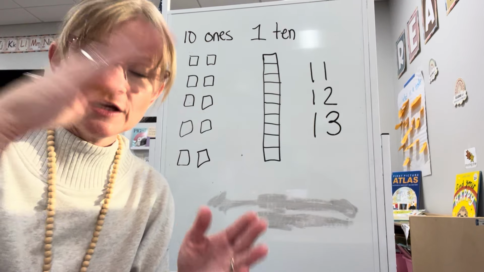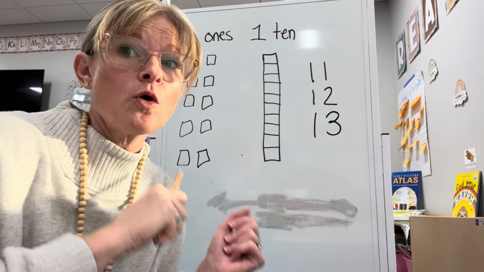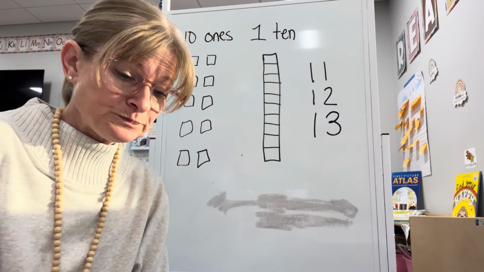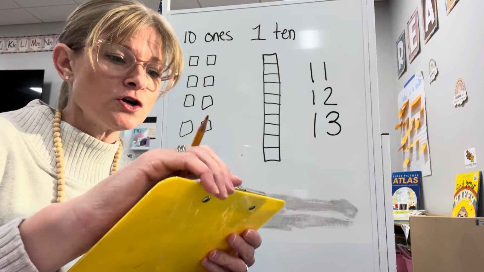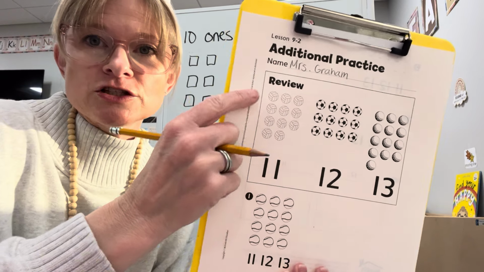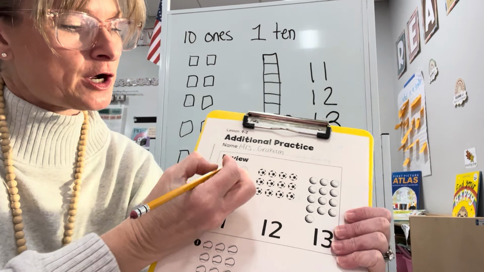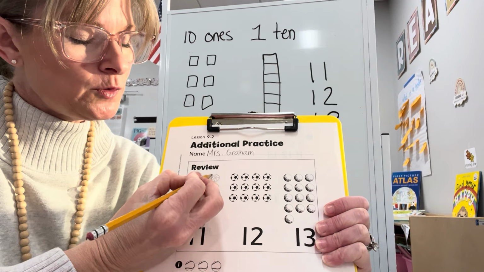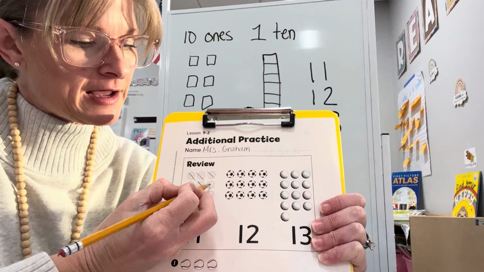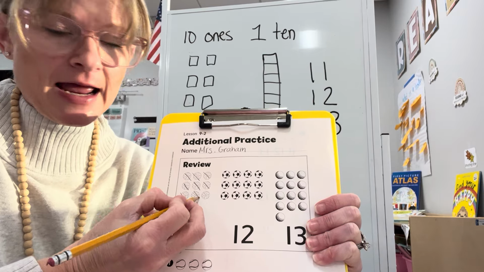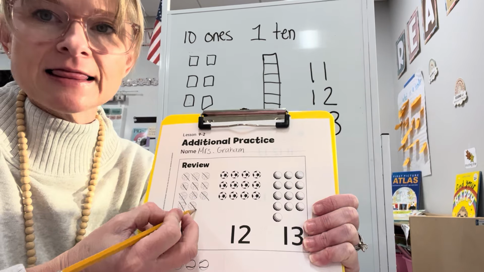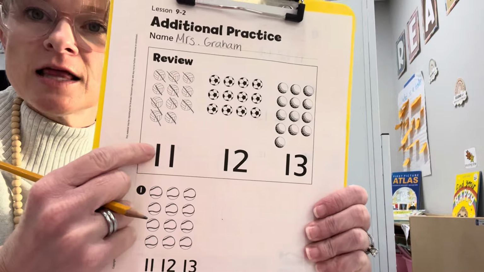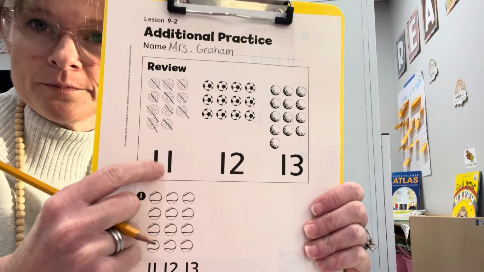You can count the number of objects and show how many by circling the number. So if we count this group, let's cross them out. 1, 2, 3, 4, 5, 6, 7, 8, 9, 10, 11. And there's our number 11. It has 1, 1.